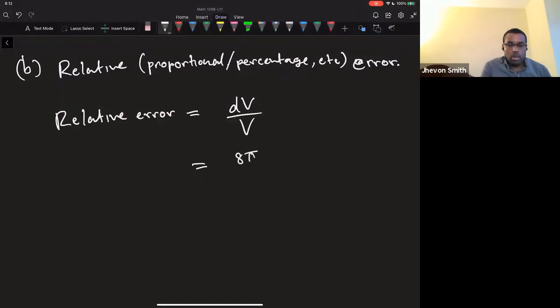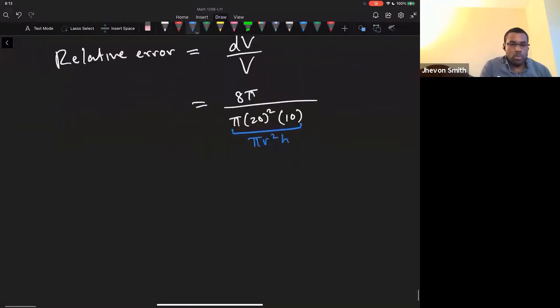8 pi divided by, the actual volume was pi r squared times h. So essentially we have 8 pi, the pi's cancel, and we have 4,000, right? So this is if you wanted to kind of have an idea.